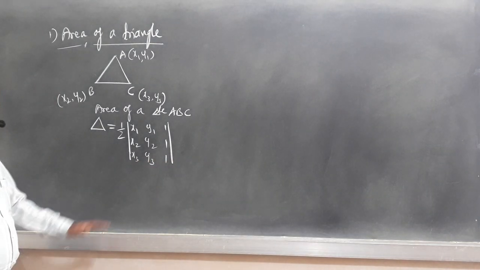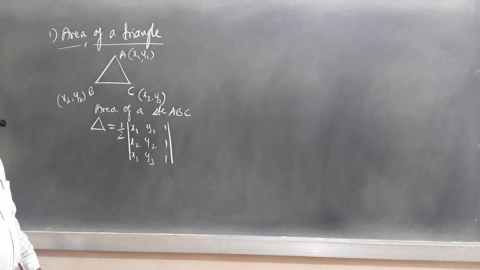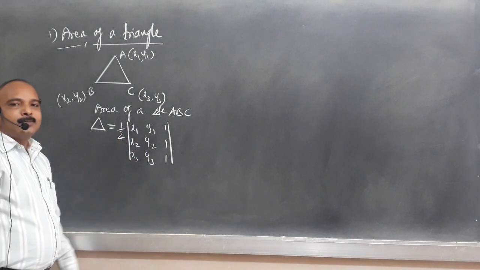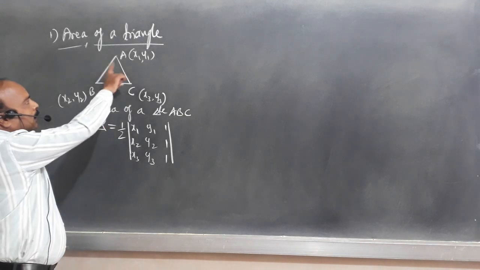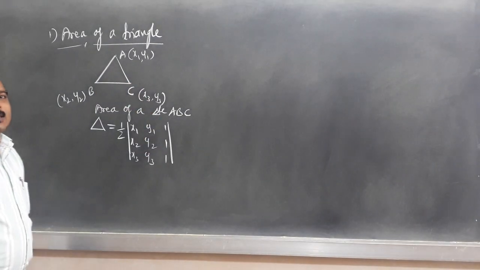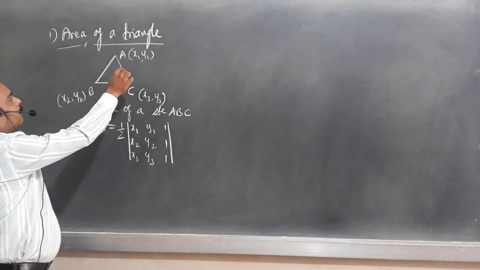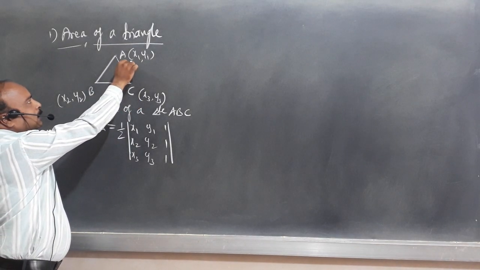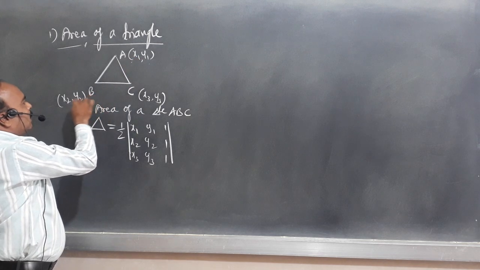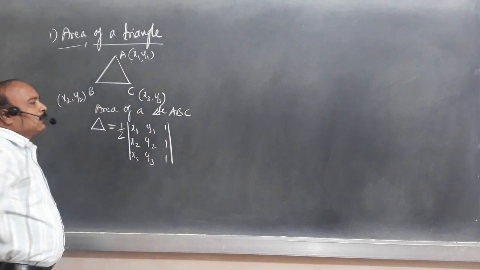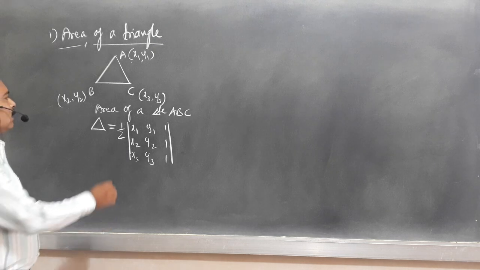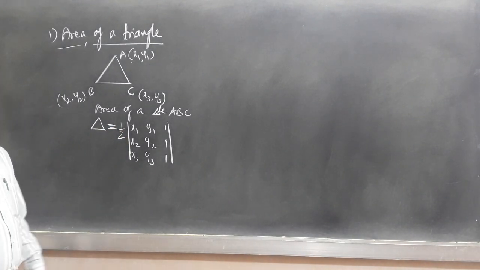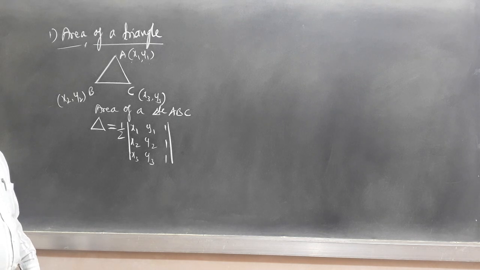By expanding this determinant, we get the result, and when it is multiplied with 1 by 2, we get the area of the triangle ABC. For that, the coordinates needed are: A vertices are x1, y1, B vertices are x2, y2, and C vertices are x3, y3. This is the formula for calculating the area of the triangle by using the determinants.